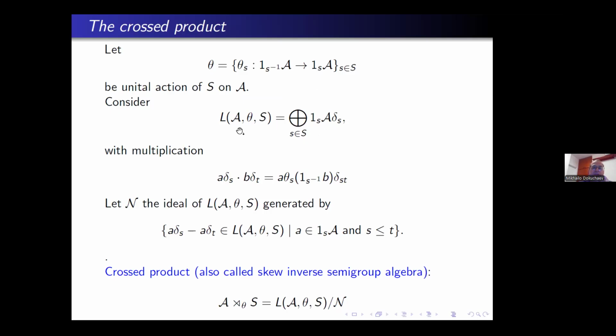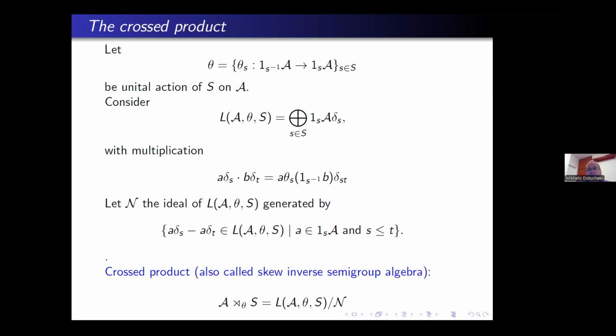The multiplication is as expected. We multiply a delta_s by b delta_t, and theta s would act on b. Since b may not be in the domain, we put it into the domain by multiplying by the generator of the domain, so it falls into the ideal which is the domain of theta s.